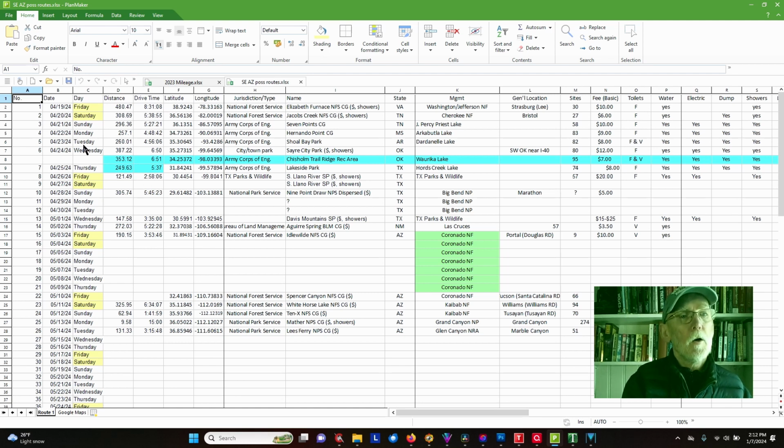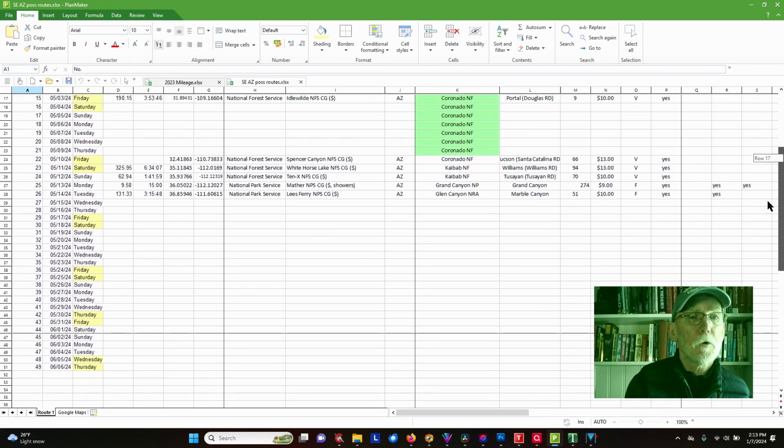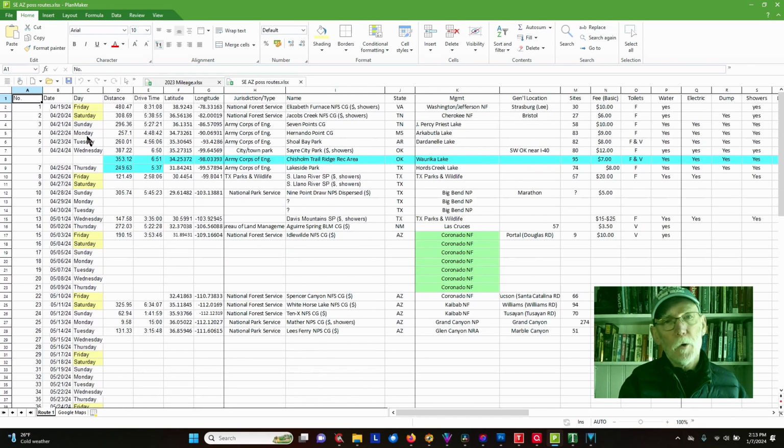So the first is the day number in the trip. I've got it to 49 days, and we may or may not do that many days. But then the next would be our date, which is dictated by our departure day, which is always a best guess.